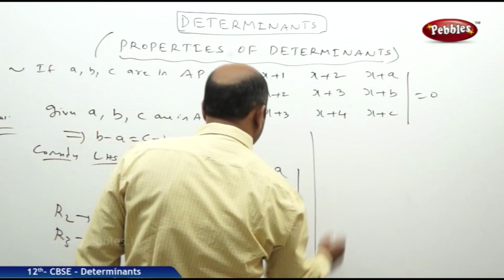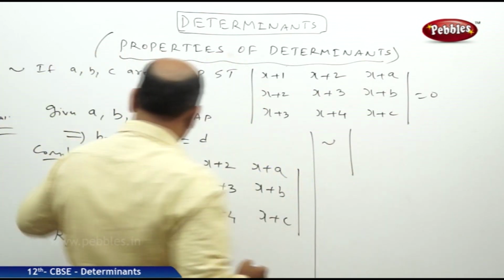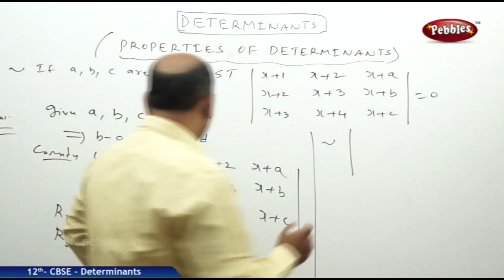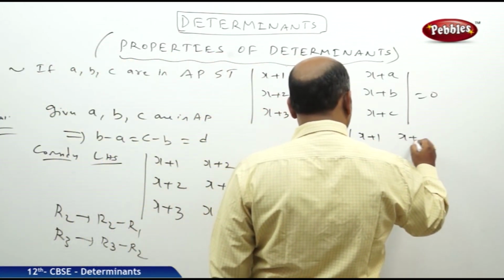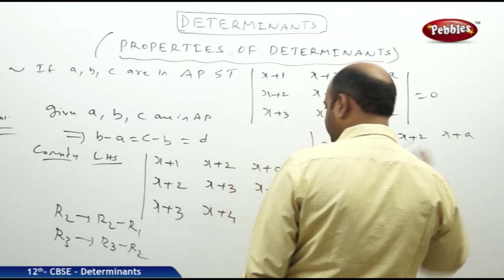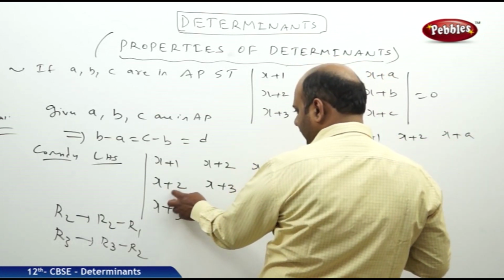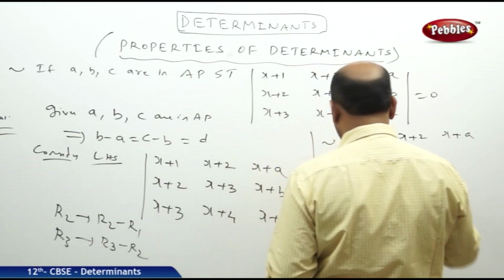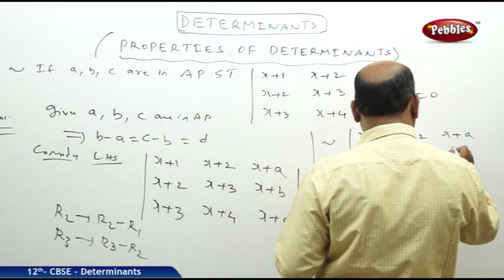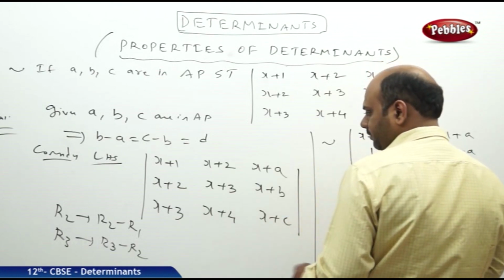So what happens? Here I am doing, first row will be as usual: x plus 1, x plus 2, x plus a. When I subtract R2 minus R1, I am getting 1, when I subtract this and this, I get 1, and when I subtract this and this, I get b minus a.